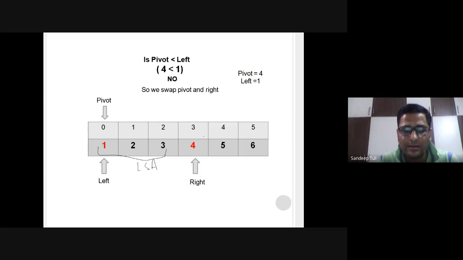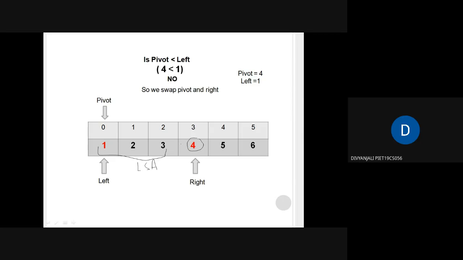Is it at the last position? It means it is at the right. We have found that all the other elements are smaller than it. Is there any element greater than 4? No. So now there is no swapping required, and 4 is at its position. So now you can say that there is only one sub array, the left sub array. No right sub array is there.